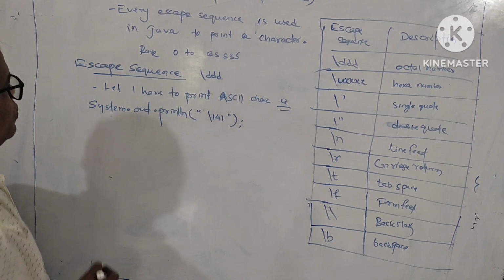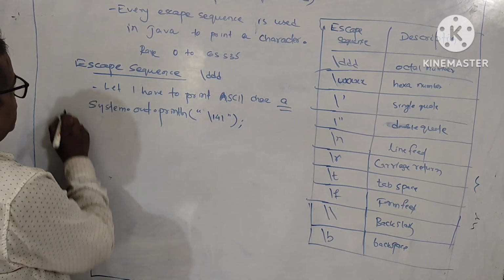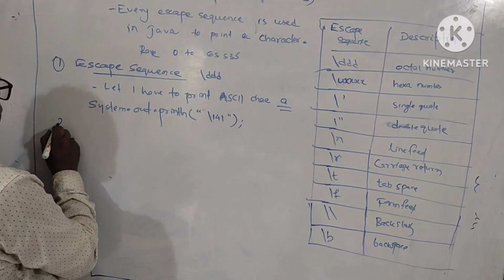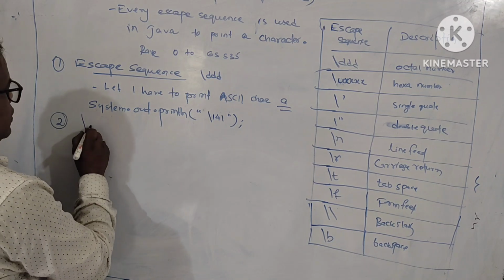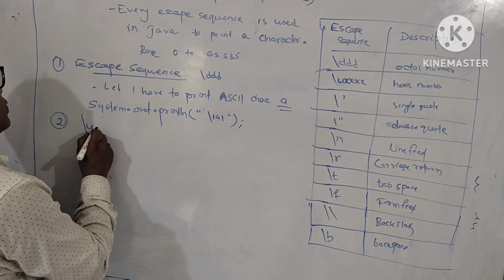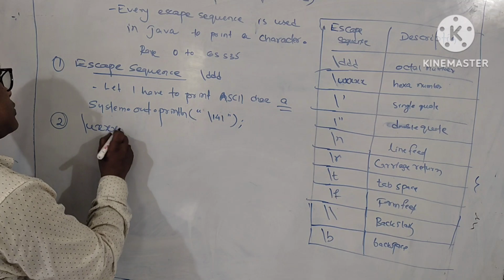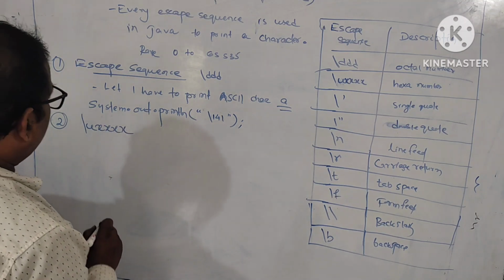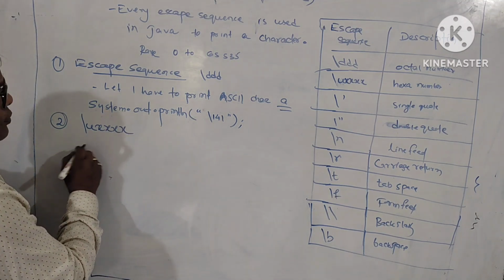This is an escape sequence. Now write the second one, slash u followed by the hexadecimal digits. How to use this?